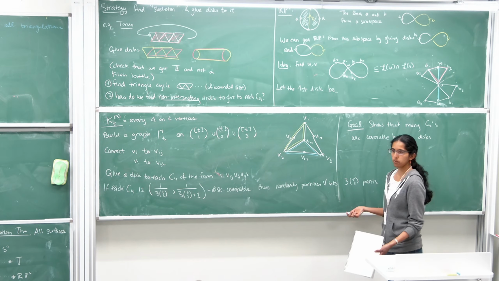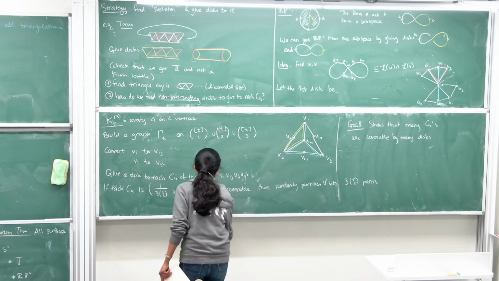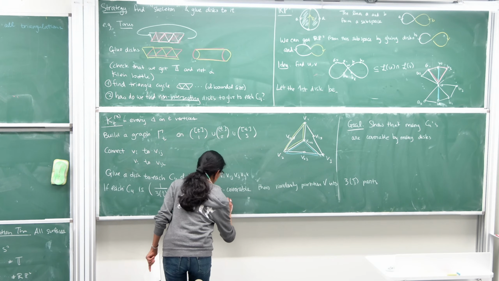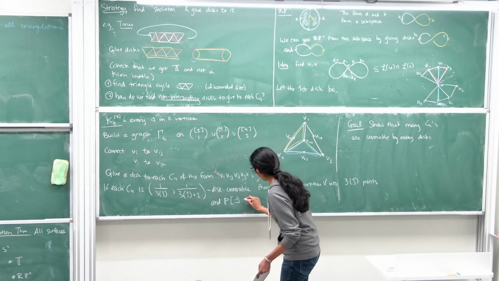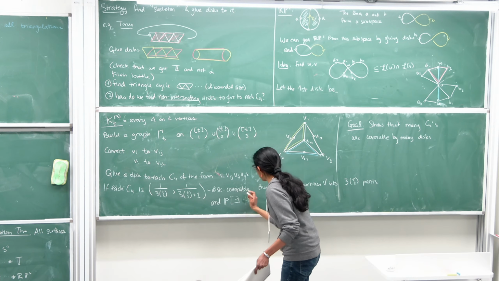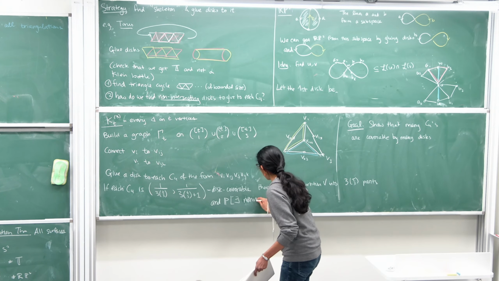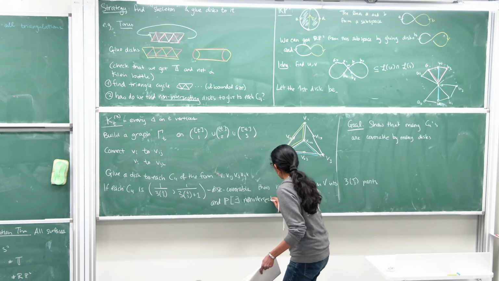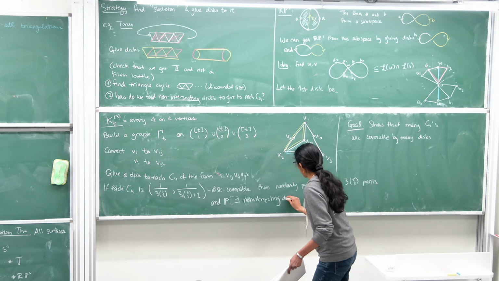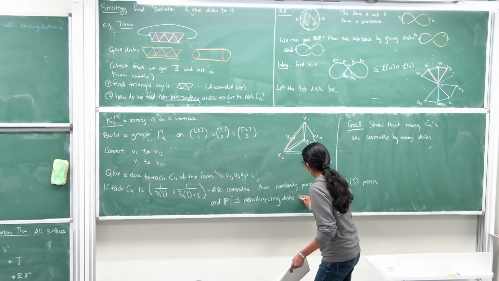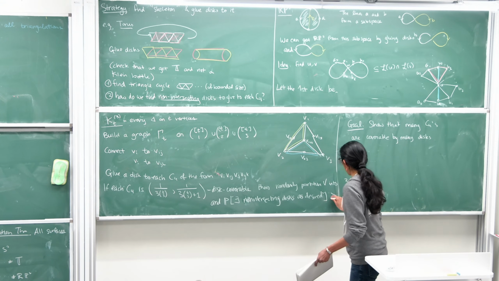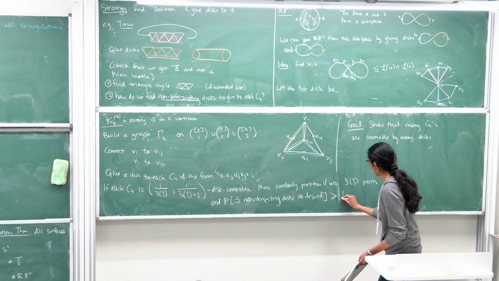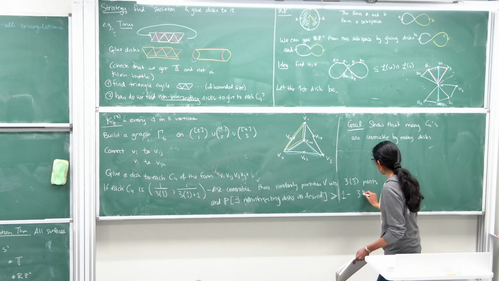And by a union bound, the probability that there are non-intersecting disks as desired is going to be at least 1 minus 3 t choose 3 times epsilon.